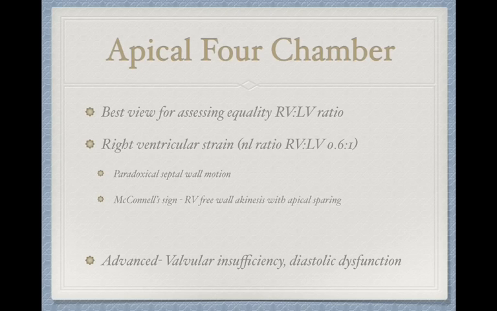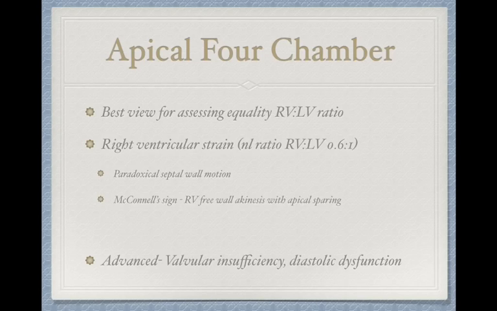Whether that's acute, being an acute PE, or chronic, being some underlying pulmonary condition or process that causes higher right-sided pressures. You may also see something called paradoxical septal wall motion. This is going to be the septum bowing into the left ventricle, also a sign of elevated RV pressures.